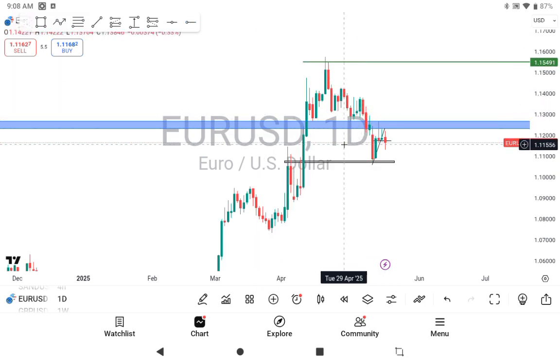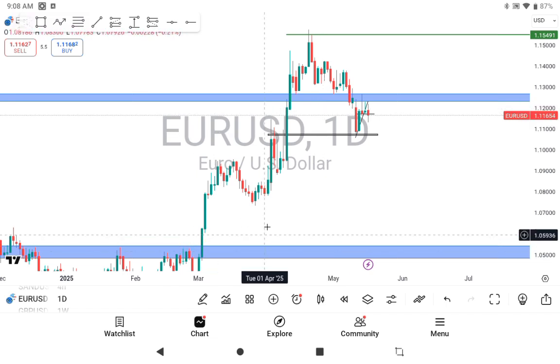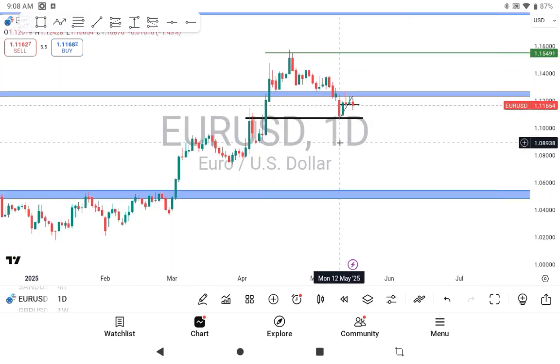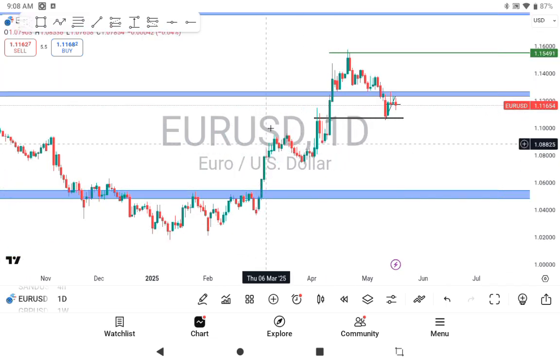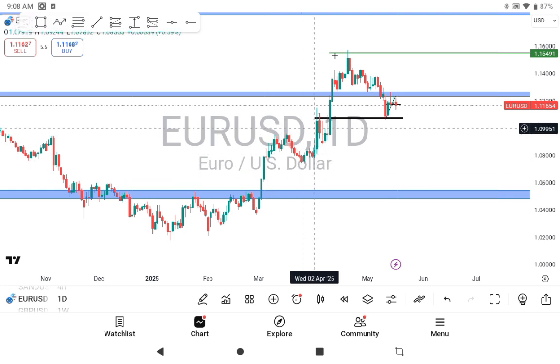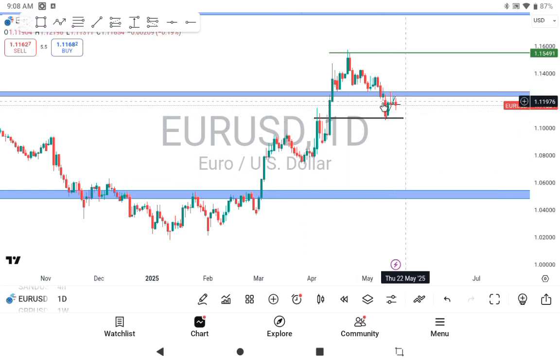Yes, because I'm looking at the trend. From right here we have a high, a low, a high, a low. This might be looking like a retracement, a higher high and higher low, before price can come here.